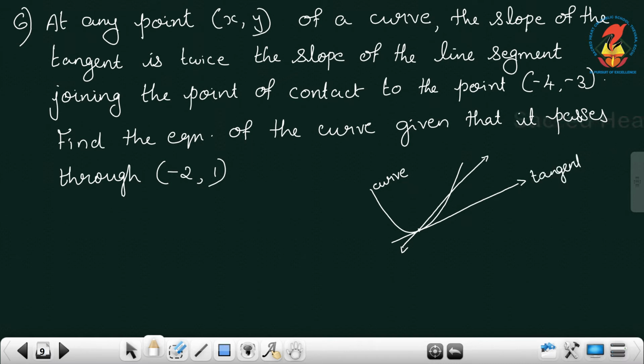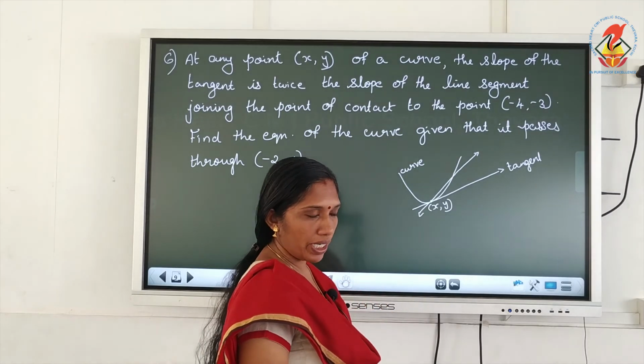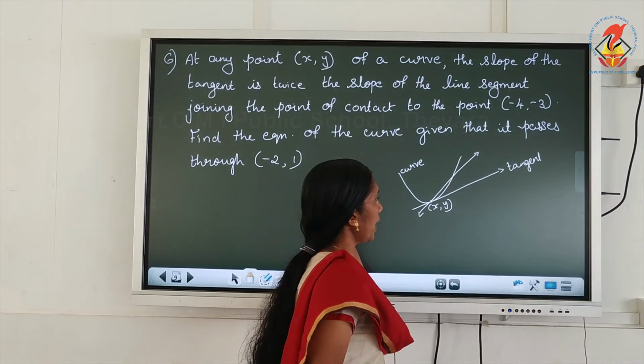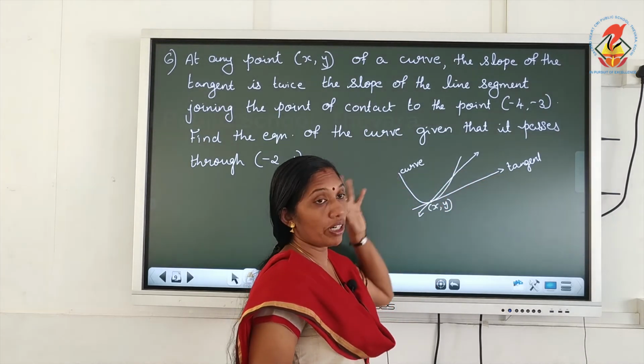The point of contact is at any point (x, y) of the curve, and there is the slope of the tangent. So this is the point of contact, x comma y. The point (x, y) is on the curve, and through that point there is a tangent. What is given?